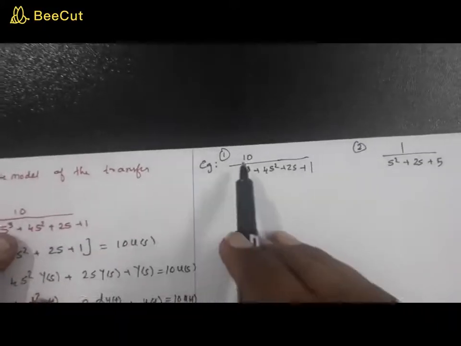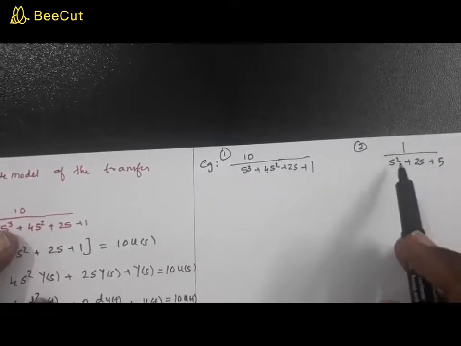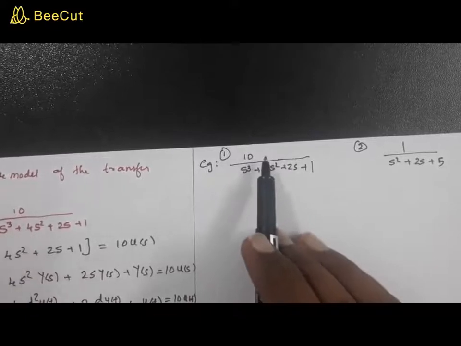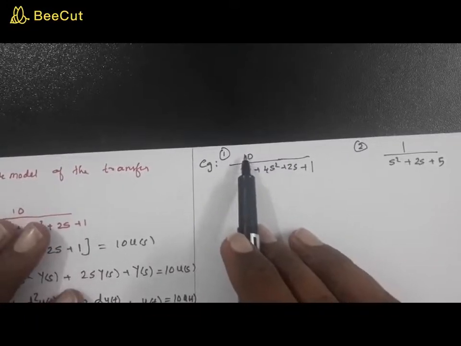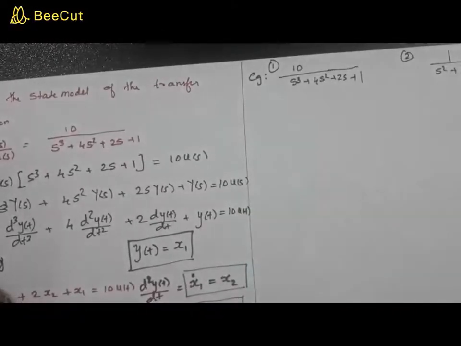Okay, so here are some more examples: 10 by s cubed plus 4s squared plus 2s plus 1, and 1 by s squared plus 2s plus 5. These two transfer functions also come under the category where p(s) is a constant. You may do it by yourself to get an equation like this. So that's the end of this portion.